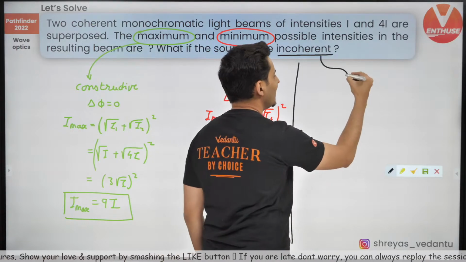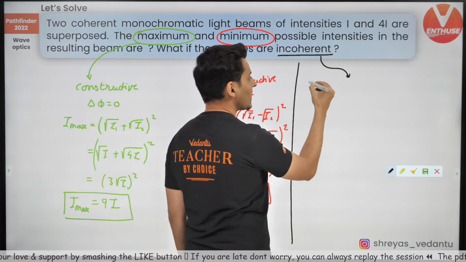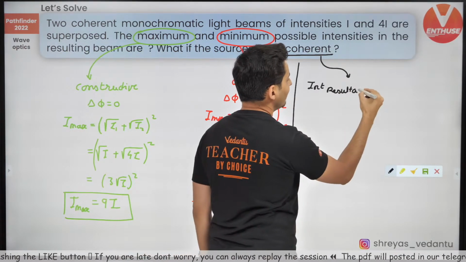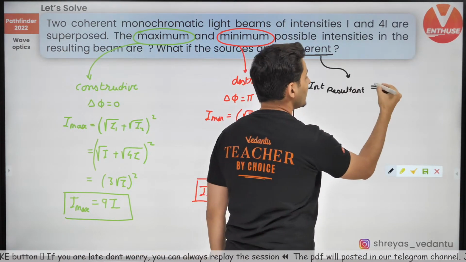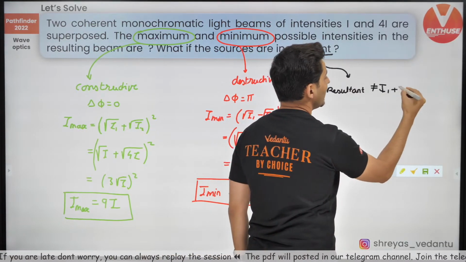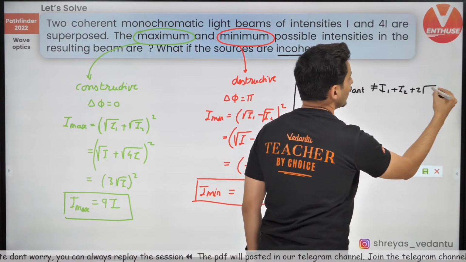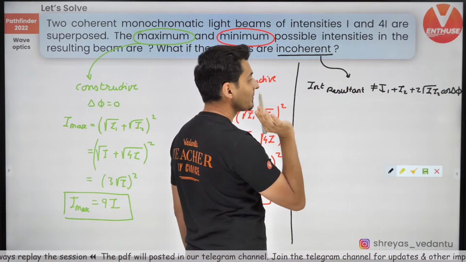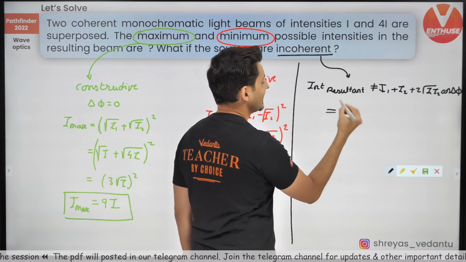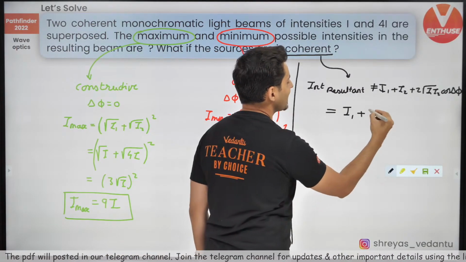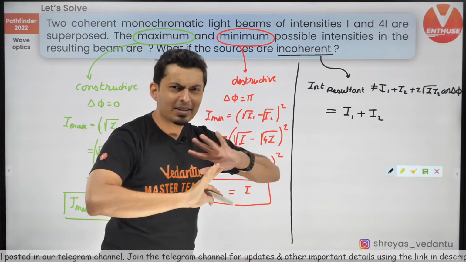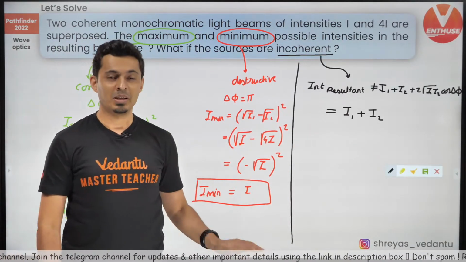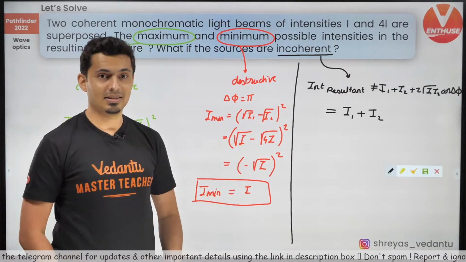So when incoherent sources are there, the intensity of the resultant wave does not follow this formula, I1 plus I2 plus 2 root I1 I2 cos del phi. No, this is not valid. In fact, the intensity of the resultant is just given by I1 plus I2. Just simple addition of intensities. That's all.